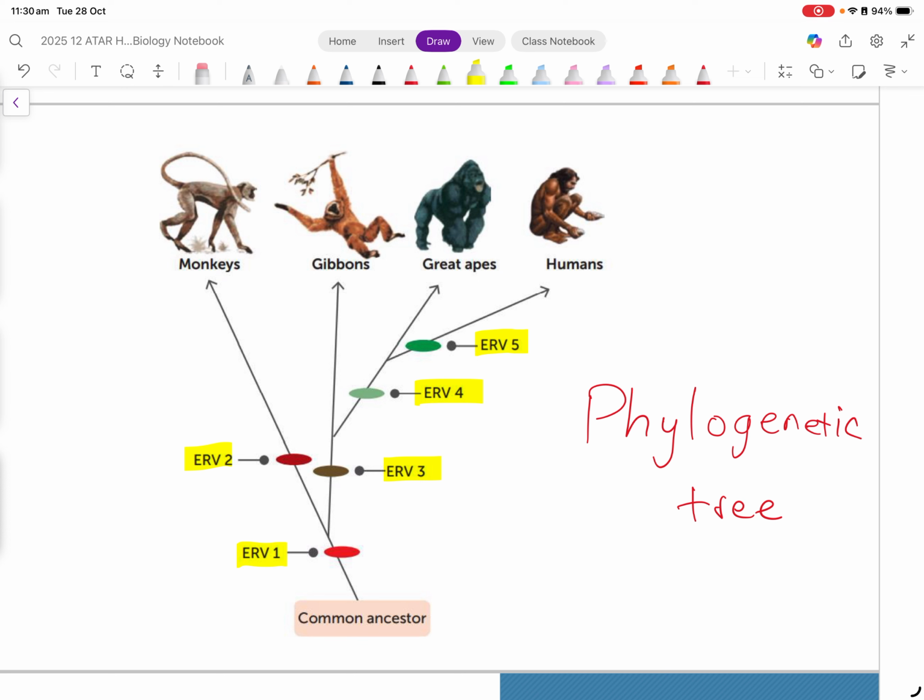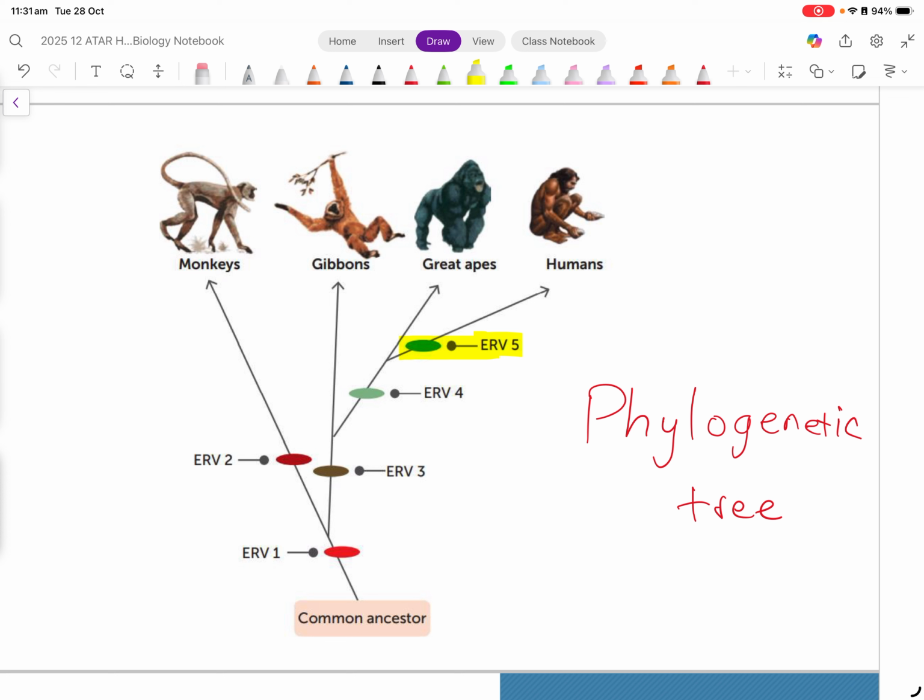So as we can see here, the way that we can use endogenous retroviruses is, if we look at humans, humans currently have endogenous retrovirus 5, and they are the only group of organisms out of the great apes, the gibbons, the monkeys, and humans with this endogenous retrovirus.